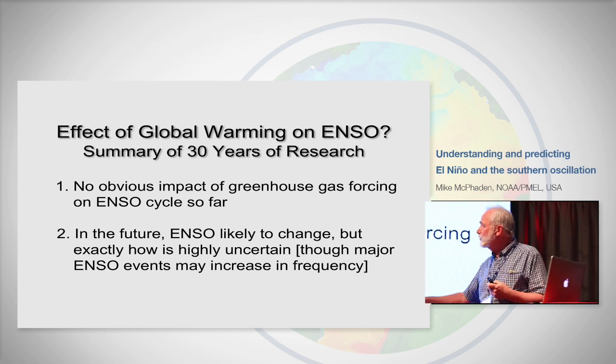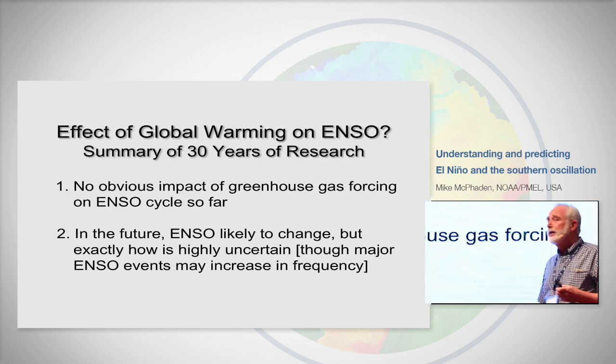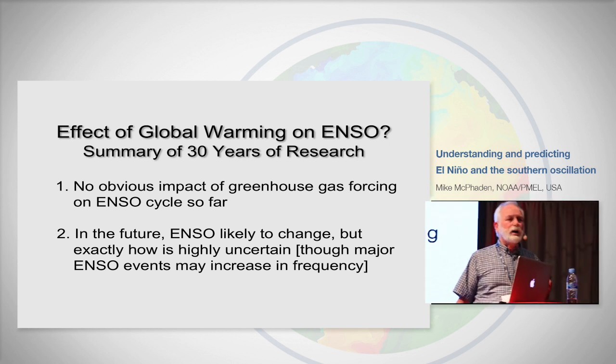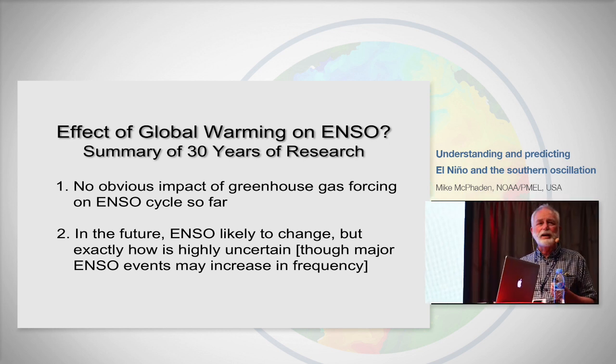Lots and lots of natural variability in the ENSO cycle. It's estimated that we need hundreds of years of observational data to pull out with any confidence the fingerprint of global warming or greenhouse gas forcing on ENSO. So it's very difficult to tease those effects out, and I would say no consensus. If there is an effect, it's buried in the noise of natural variability.